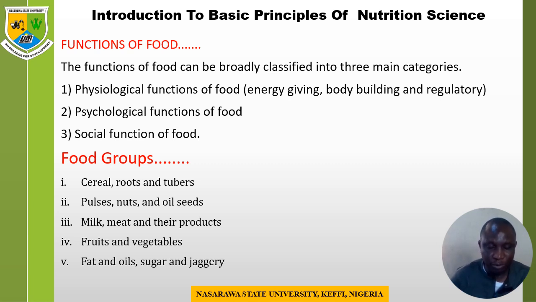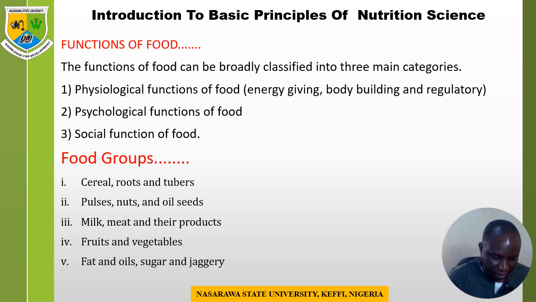Fruits and vegetables. For example, fruits: mango, guava, tomato, papaya or pawpaw, orange, watermelon, carrot, etc. These are rich in carotenoids, that is vitamin A, vitamin C, vitamin B2, iron, and fiber.